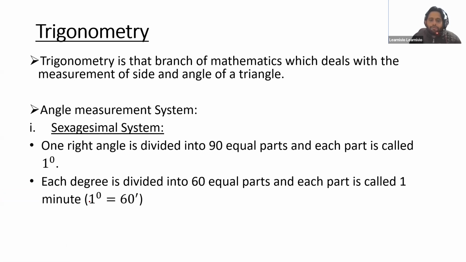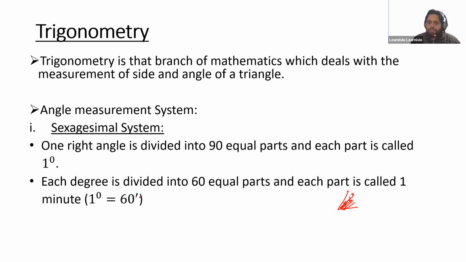Each degree is divided into 60 equal parts and each part is called 1 minute. So if we have just 1 degree and divide it into 60 equal parts, each part is called 1 minute.